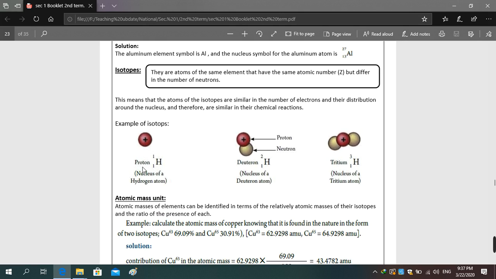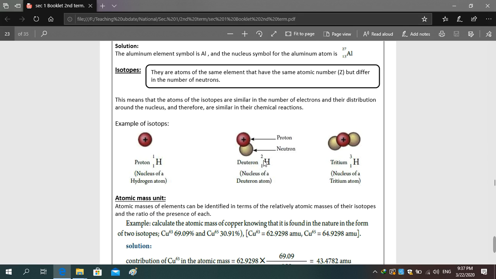Isotope number 1, called protium, has 1 proton and no neutrons, 0 neutrons. The other isotope of hydrogen contains 1 proton and 1 neutron.